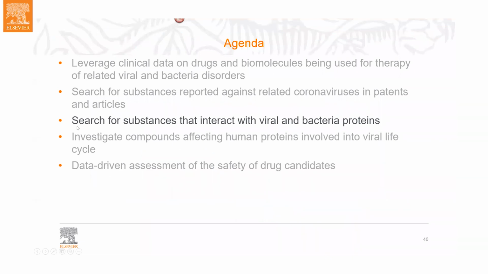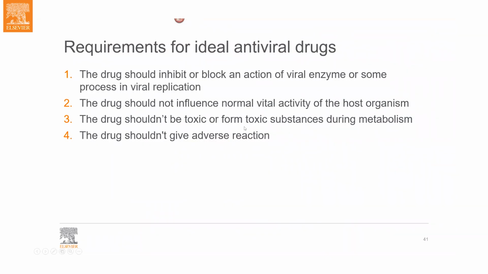So let's go to the substances which interact with some specific particular proteins. It's the big strategy number 2. And as you may probably know, there are some requirements for the ideal antiviral drug or antibiotic drug. The drug should inhibit or block an action of a viral enzyme or some process in the viral replication.